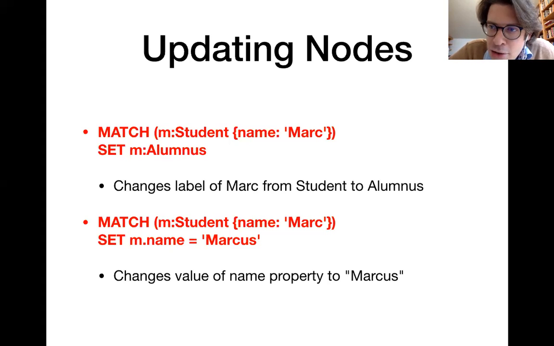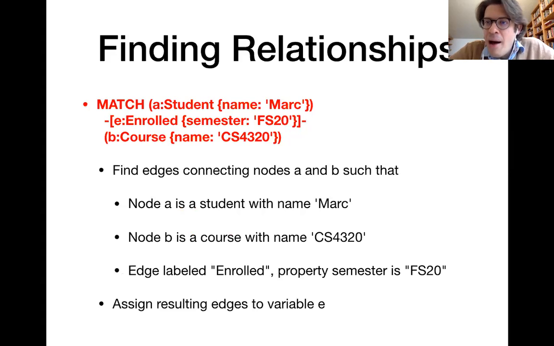And here we set that to Marcus instead of Mark. So I can also update relationships. Before we can update the relationships, we first have to find the corresponding relationships.